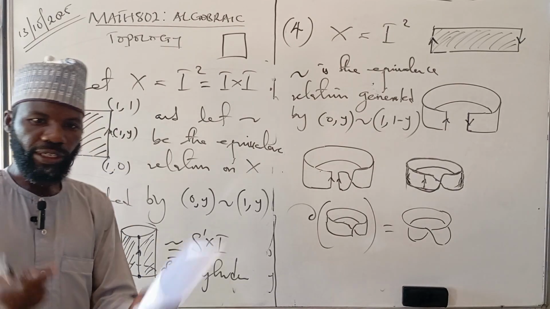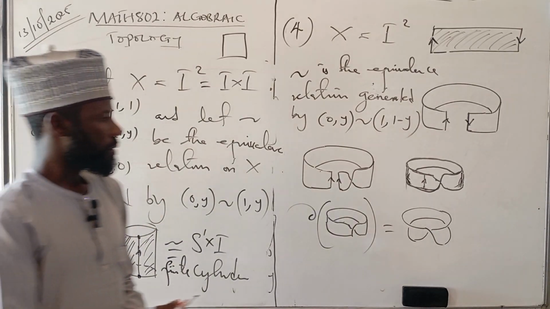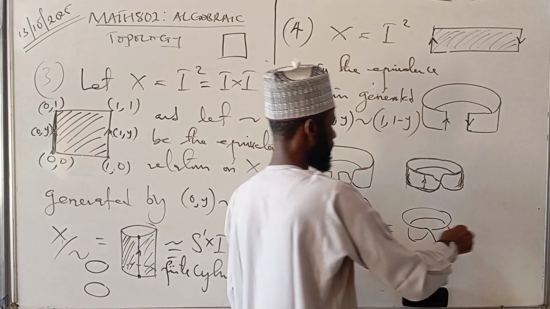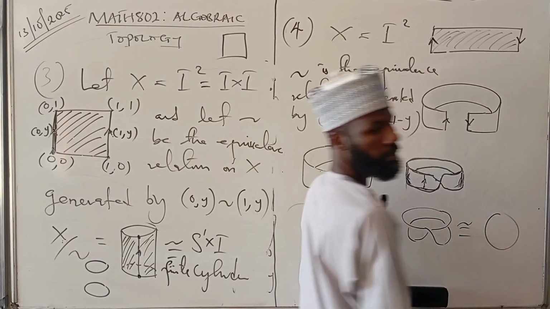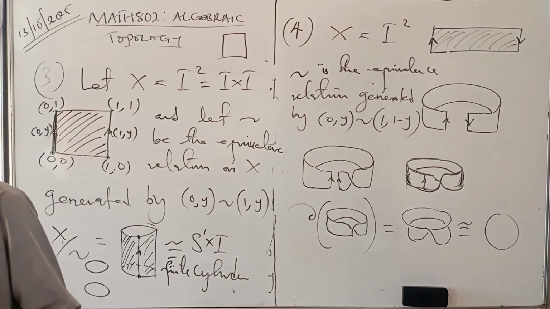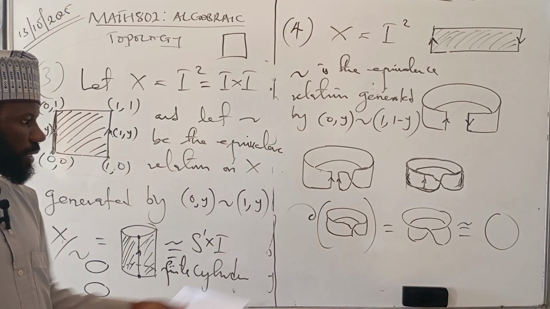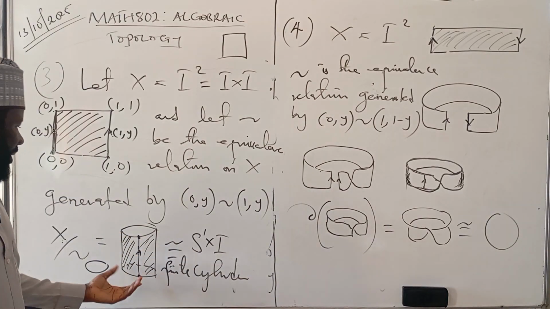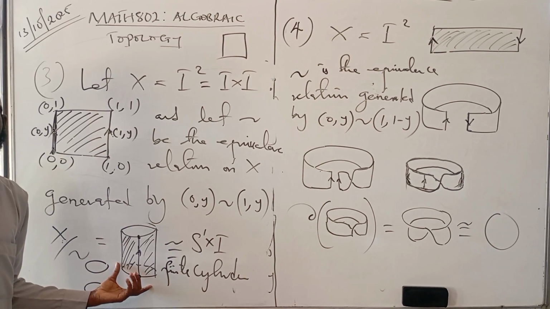You see, it's a cycle but entangled. It is still homeomorphic to a cycle. I hope it's okay. So the boundary of this thing is a cycle, and so it is not homeomorphic to a cylinder.